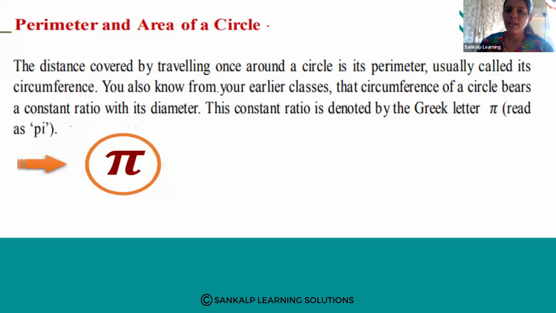Yes. Okay. So perimeter is 2 pi r and area is pi r square. The distance covered by traveling once around a circle is its perimeter, usually called its circumference.